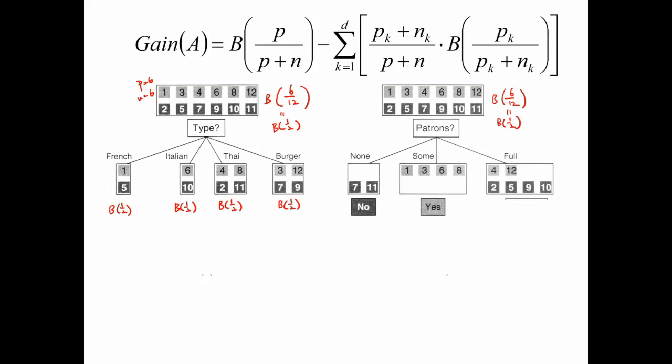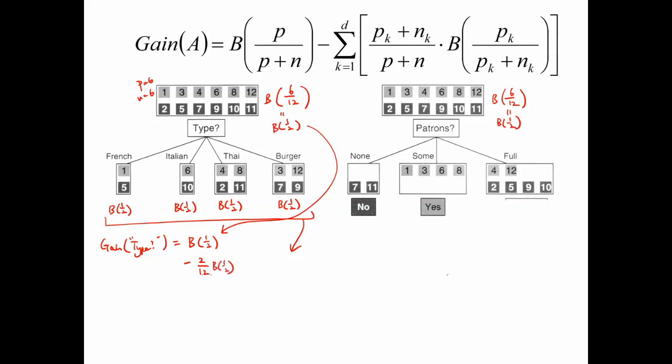And to compute the information gain of using the attribute type, we would get B of 1/2 from here minus the weighted sum of these. And you weight them by the percentage of examples that are in the given group. So 2 out of 12 went to the first group, and 2 out of 12 went to the second group.